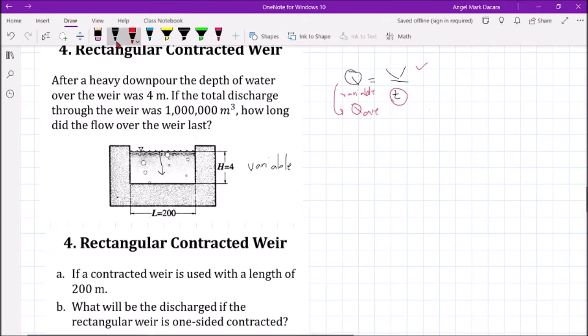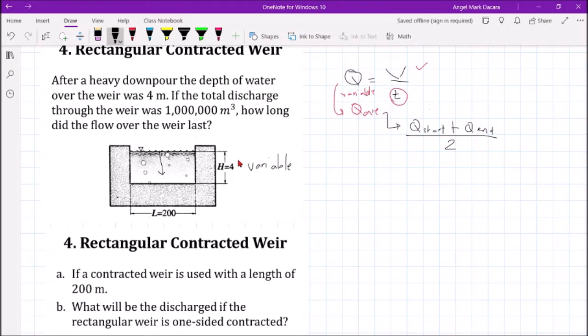Okay? Paano natin kukunin yung average discharge? Eh di yung average discharge is discharge from the start plus discharge at the end, divided by 2. Yan na yung average discharge natin.